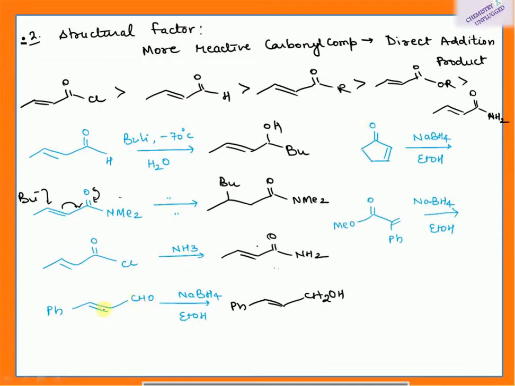That is why it will show conjugate addition and you will get a product like this. In the next example, we have an alpha beta unsaturated ester. The ester group is less reactive, so this NaBH4 will show conjugate addition, but you also have to remember that NaBH4 cannot reduce esters, it can only reduce ketones and aldehydes, so the ester will remain unaffected. You will get this product.